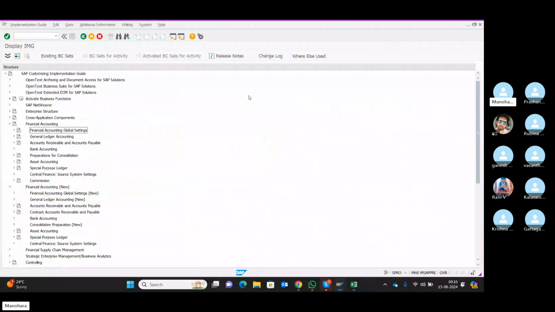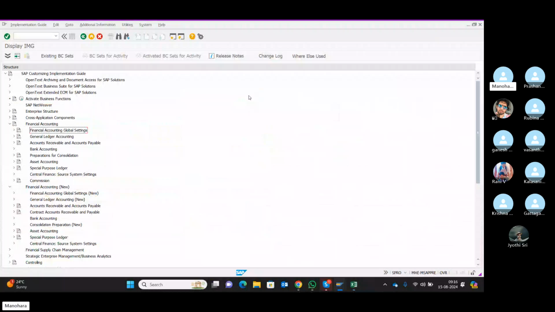There are standard methodologies. In an interview, they may ask which methodology you are using in your existing company, so you tell them which standard methodology is being used.